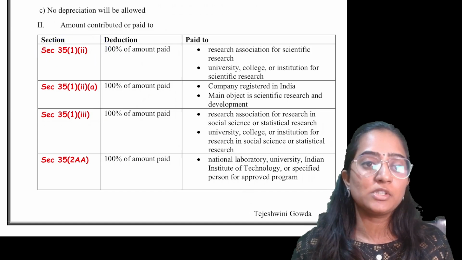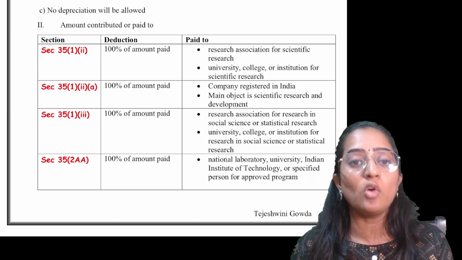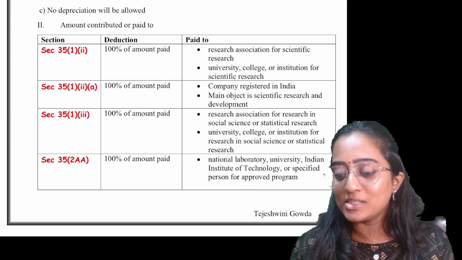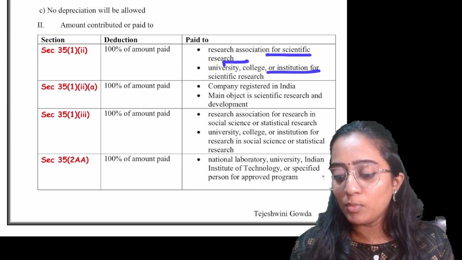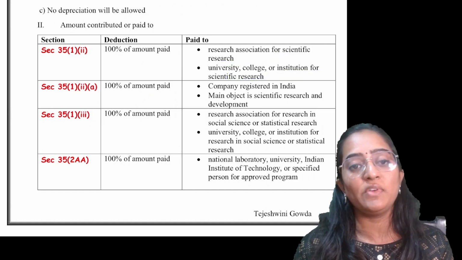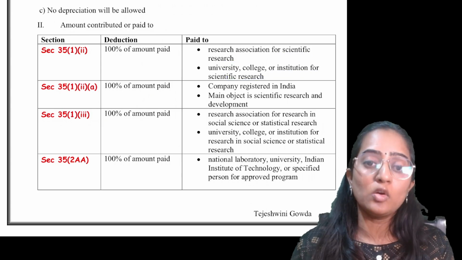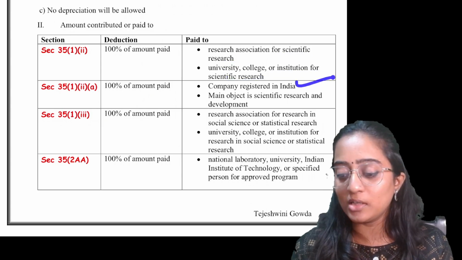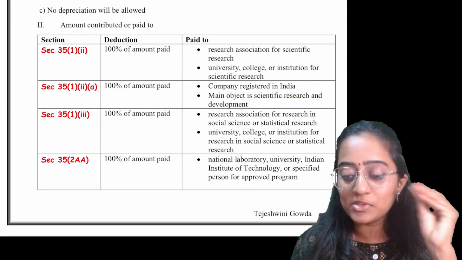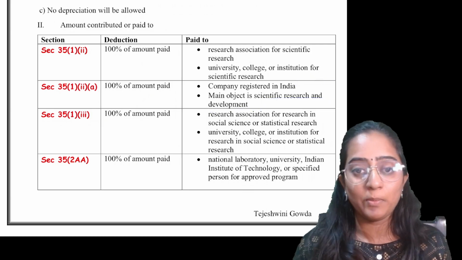See, section 35 subsection 1 clause 2 speaks about whatever the contributions which you have made to a research association or research team or a university which does this scientific research. This section speaks about wherein you are making a contribution for the company which is registered in India and their main objective is to do this scientific research and development.